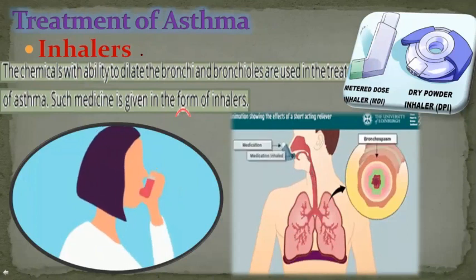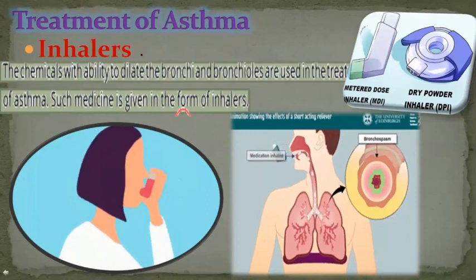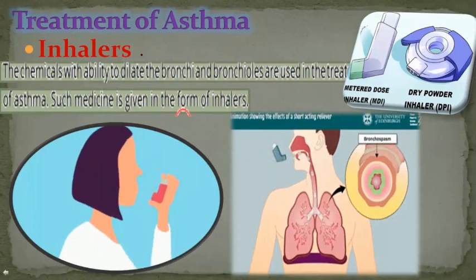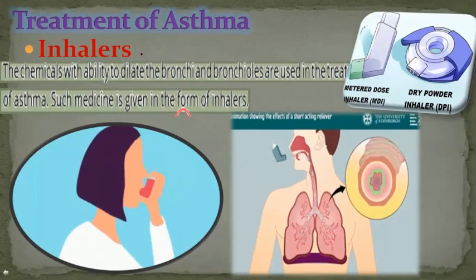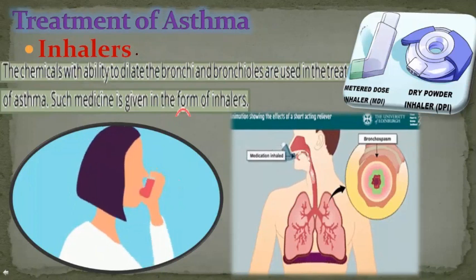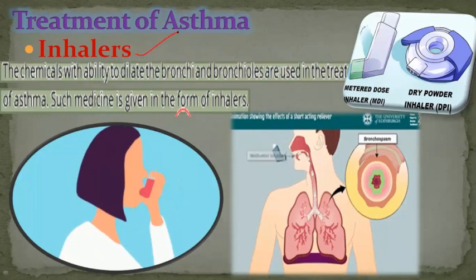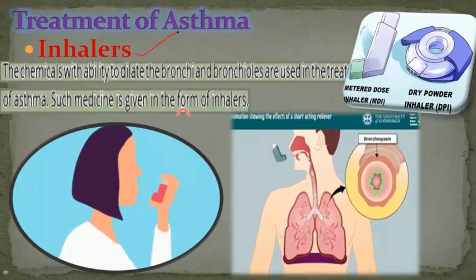If a person has suffered from asthma once, he or she can have it for their whole life. But we can improve the lifestyle of that person, thanks to the inhalers which we use.